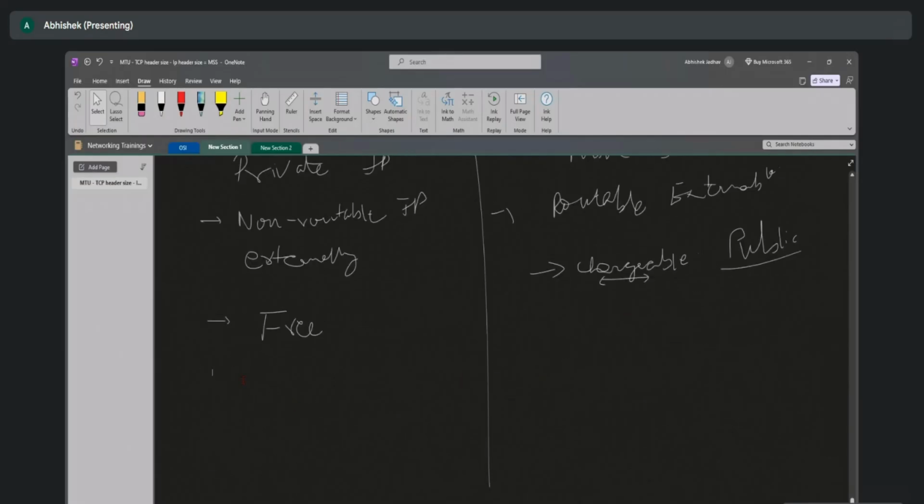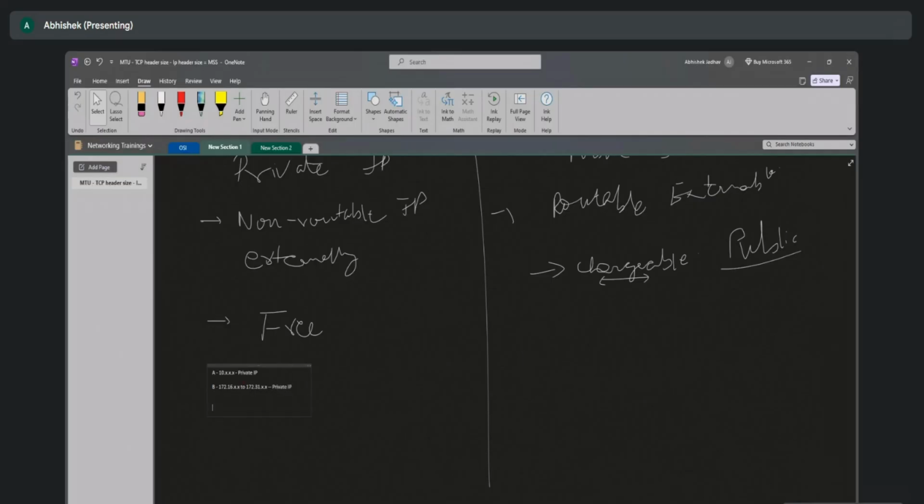So simply memorize this. In class A, if 10.x.x.x is the IP, this is a private IP. In class B, if it is ranging from 172.16.x.x to 172.31.x.x, this is a private IP.